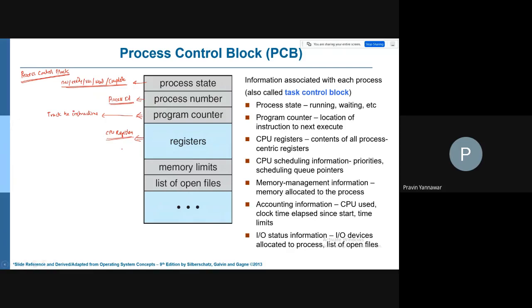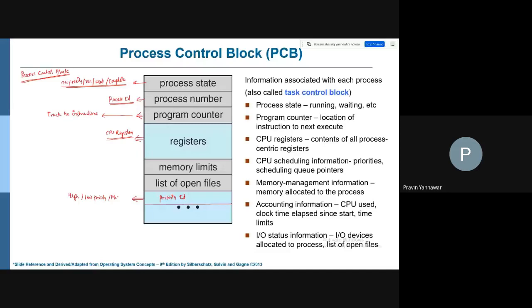Next is scheduling information, like what the priorities are. Each process has a priority ID, which is the priority number, whether it is high priority, low priority, or medium priority.